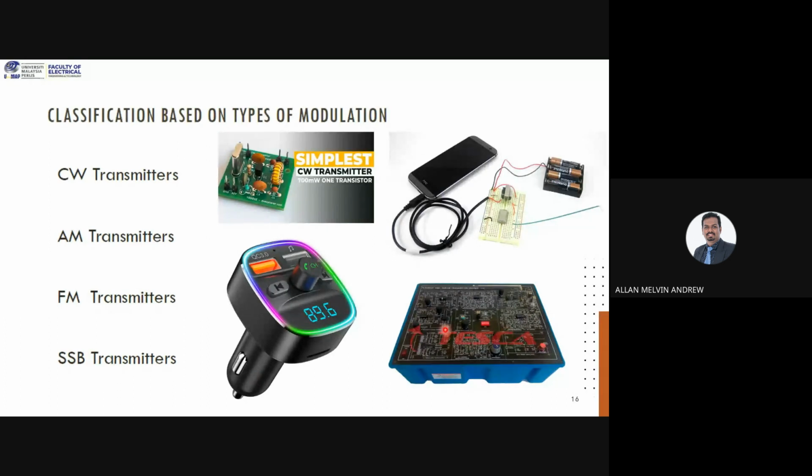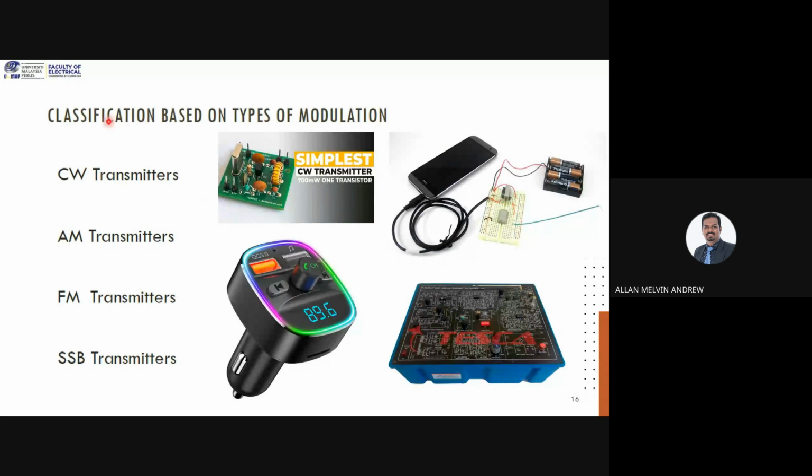So it actually involves a lot of electronics inside in order to make it a single sideband. That's why it's not a small electronics like this, but a bigger version. It's more like equipment for transmission.